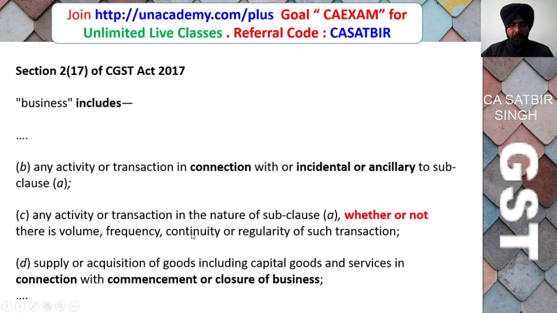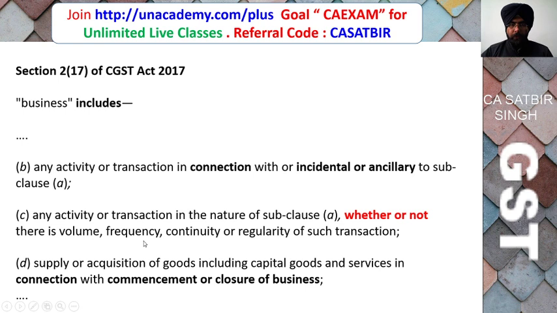Any activity or transaction in the nature of sub-clause A, whether or not there is volume, frequency, continuity, or regularity of such transactions. So even if a person does transactions for the month of April, and thereafter in May and June he didn't do any transactions, he cannot say that he is not doing business. He has done business for 1 month. Volume of the transaction will not matter.